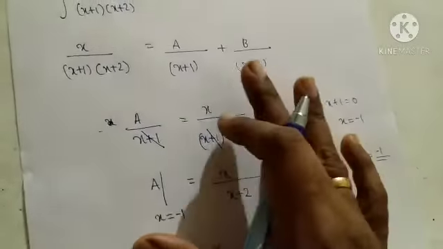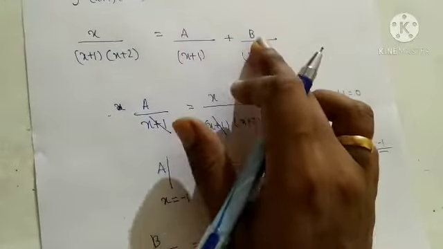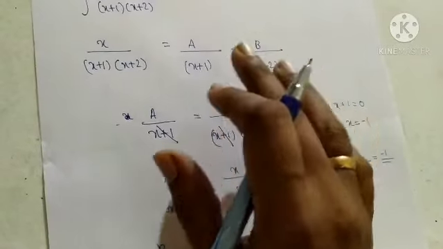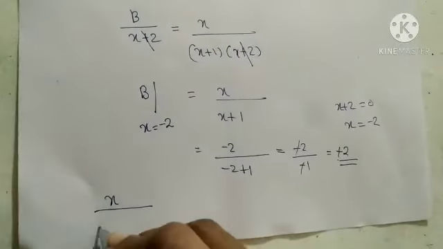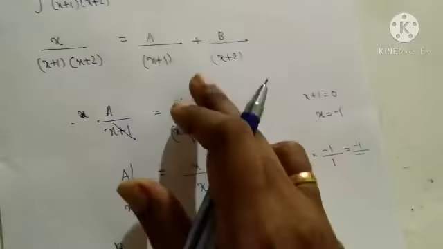So next I am going to substitute the value of a and b. So here we get x divided by (x plus 1) into (x plus 2) equal to a. Value of a is minus 1, right?